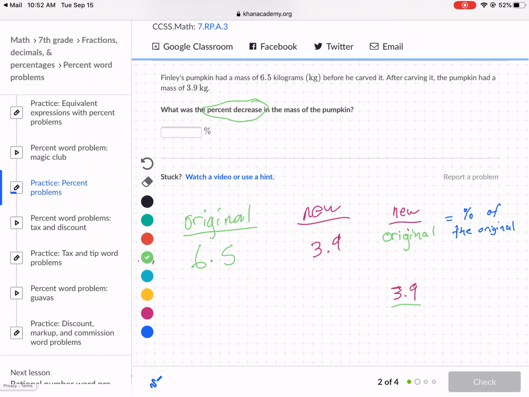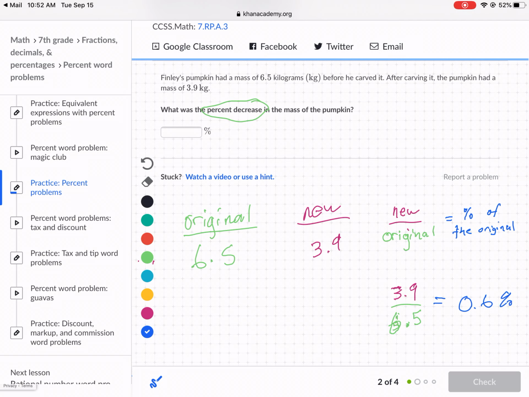We divide it by 6.5. And this will tell us what percent the new amount of the pumpkin is of the original amount. So we do 3.9 divided by 6.5, and we get 0.6. That's the new amount of the original.